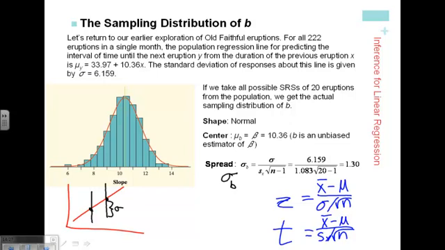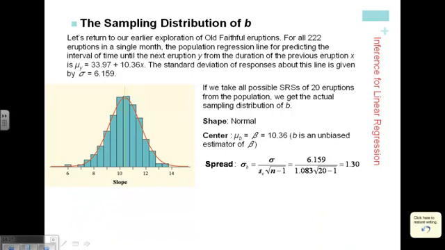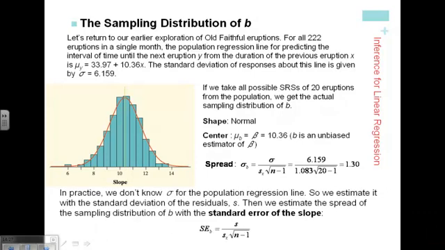All right, and there it is. In practice, we don't know sigma for the population regression line, so we estimate it using the residuals, S. And we estimate the spread of the sampling distribution with the formula: the standard error of b is equal to S, and S was that number we calculated a little bit ago, the square root of the sum of the residuals squared divided by n minus 2.